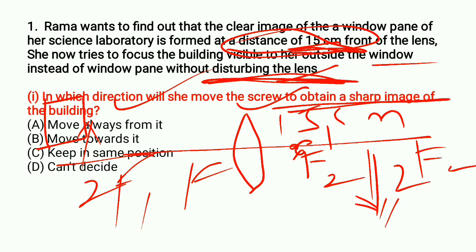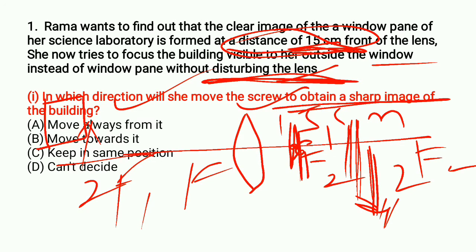Let's suppose that here we have the screen at F2, for the object at infinity. Now if the object is beyond the center of curvature, the image will form between F2 and 2F2. It means the screen should be placed here in order to get the image.